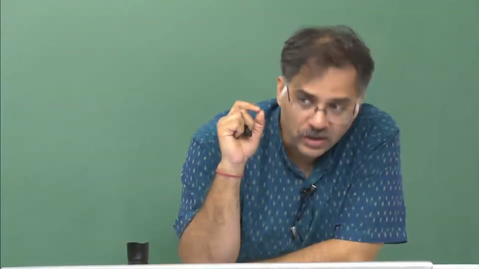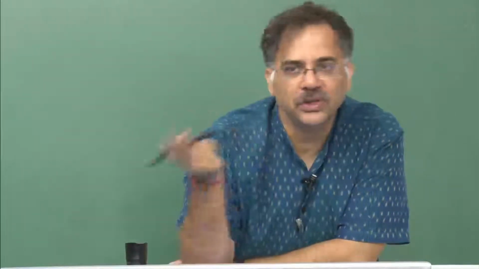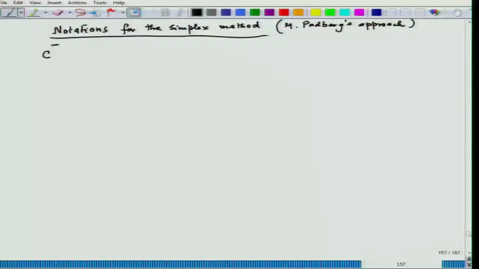Number 1, a sufficient condition for guaranteeing optimality. Number 2, a sufficient condition for telling me that the problem is unbounded below. Once I know these two things, it will be easy for me to explain the simplex method. So, we will only study the notations and these two things today, and in the next lecture we will analyze the simplex method.